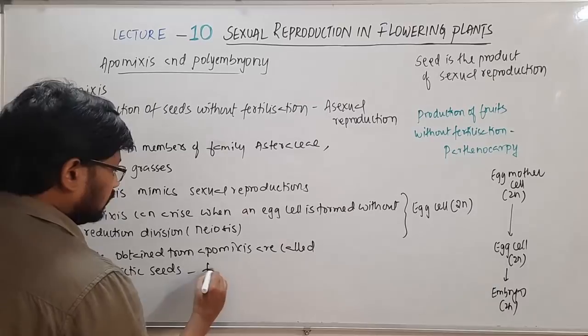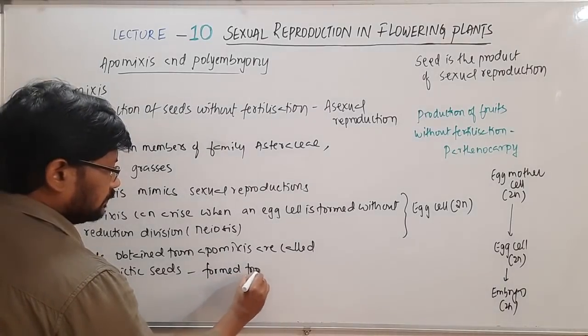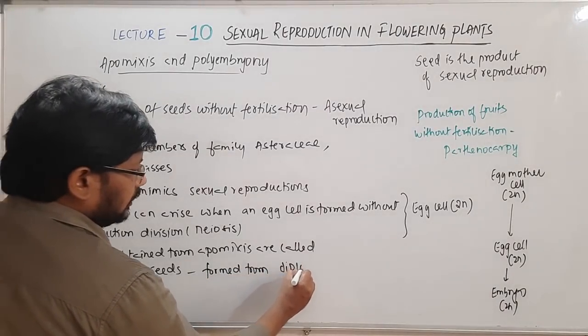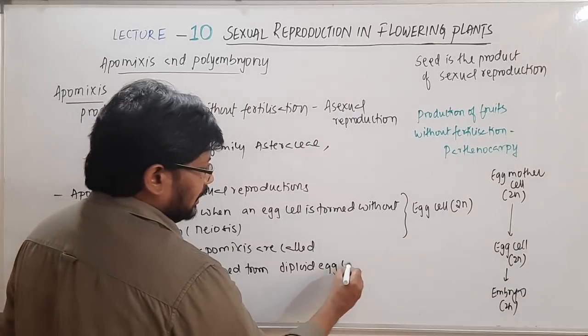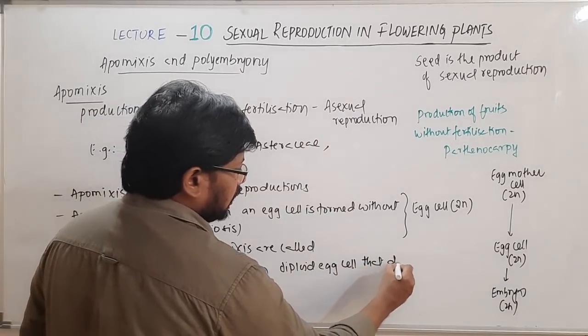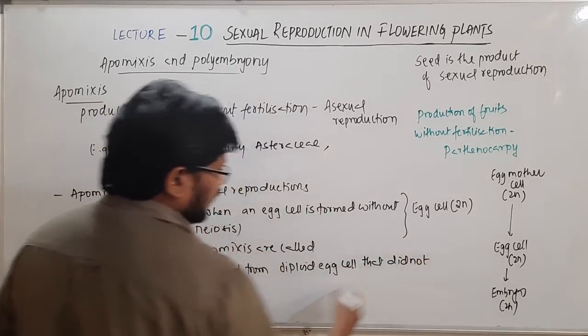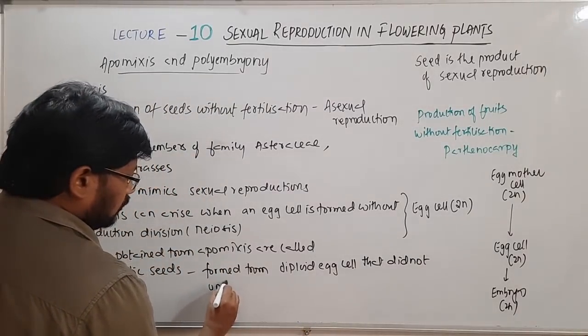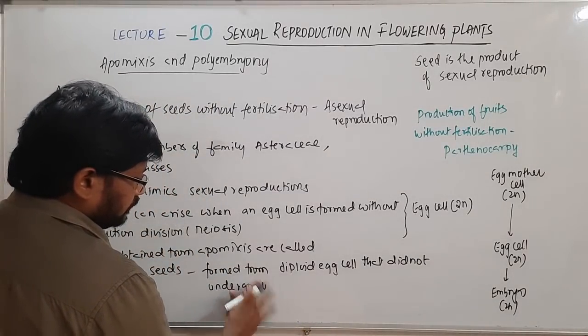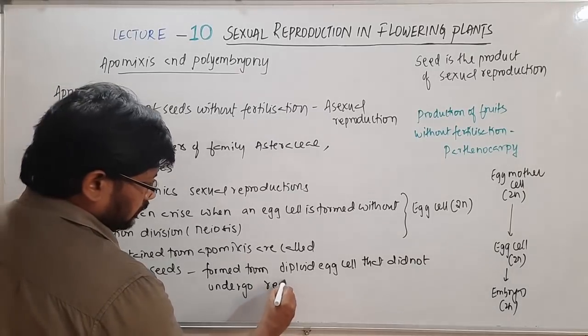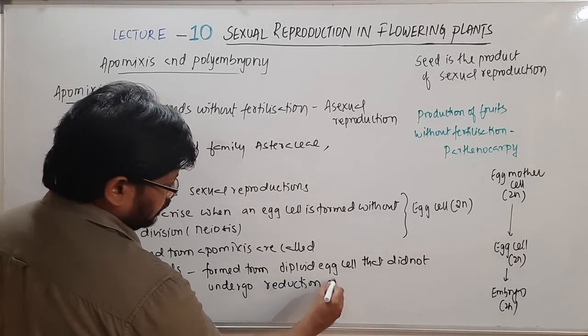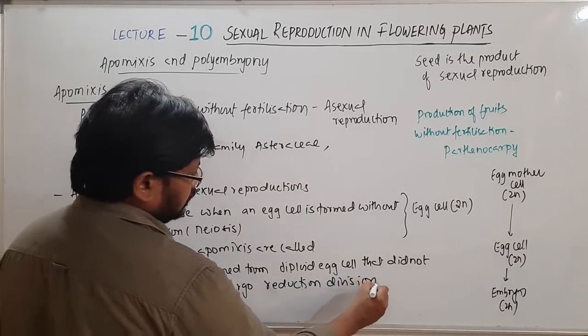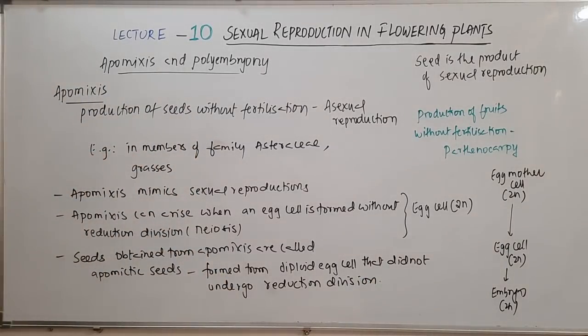They are formed from a diploid egg cell that did not undergo reduction division. So this is a small concept, what we call apomixis, which is the production of seeds without fertilization.